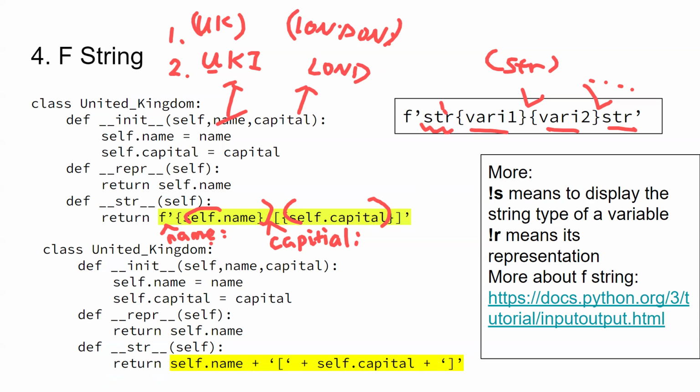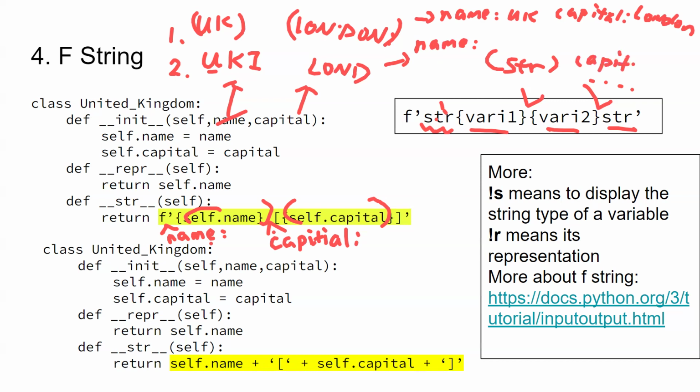I would say the string here and the string for the capital would not change. This will display name, and then UK, and then capital, London. But for the second one, you still have the name and the capital the same. But this time, for the variables, they will change into UKI and LOND.